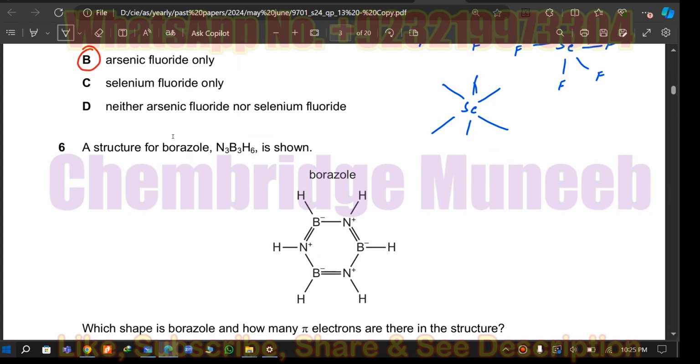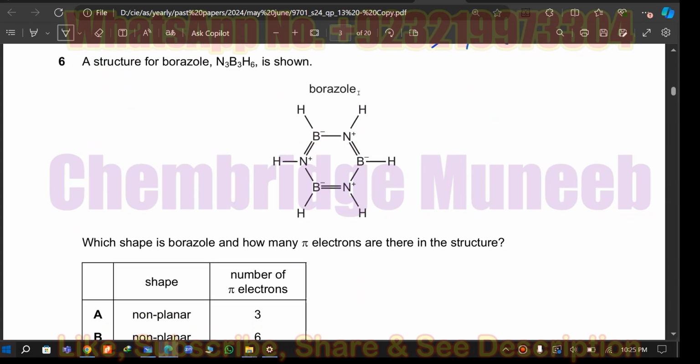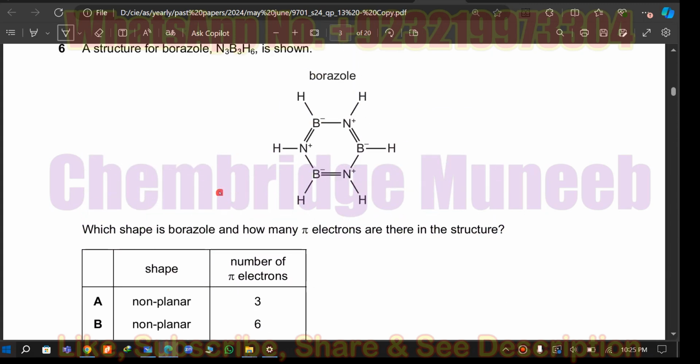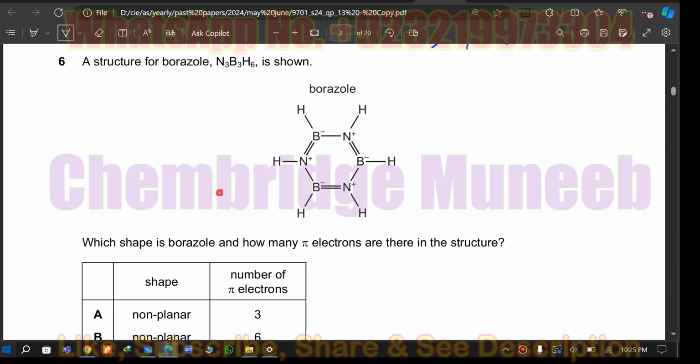Now question number 6. The structure of borazole is given and we have to find these values. Okay, now for this purpose we need to recall some of the structures which we have studied.